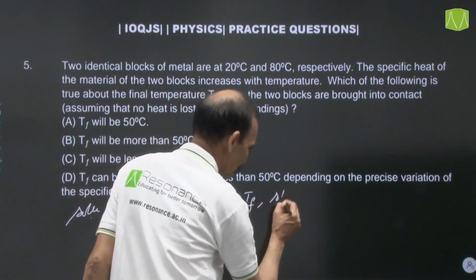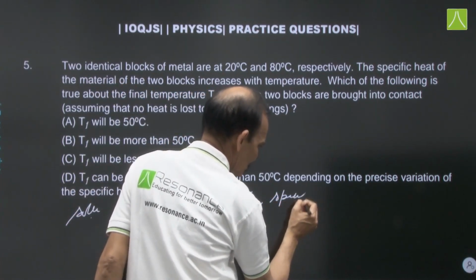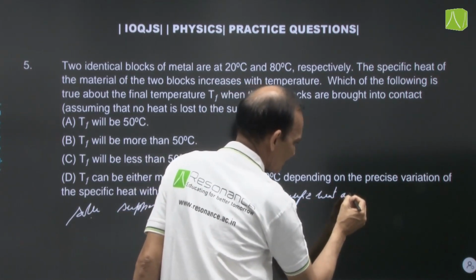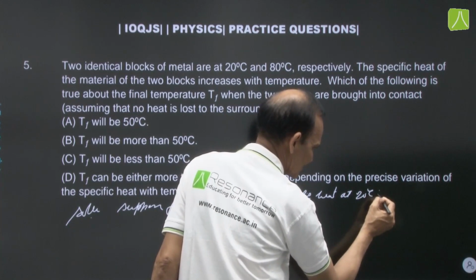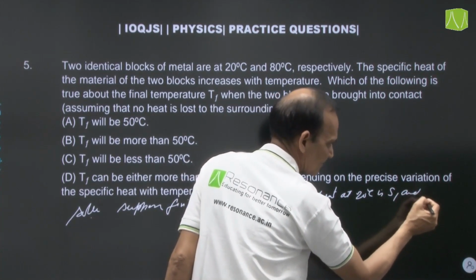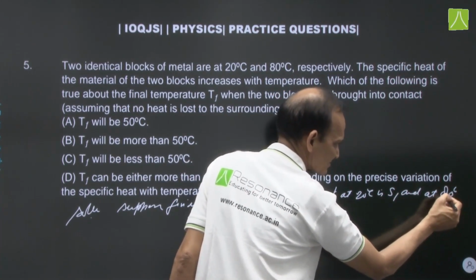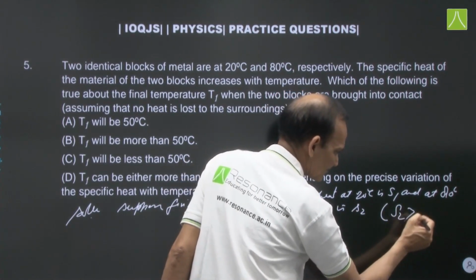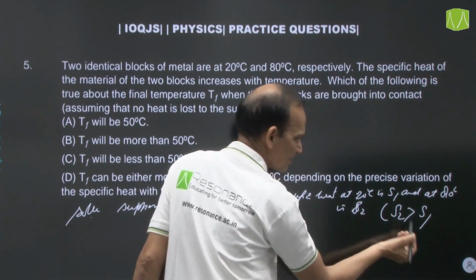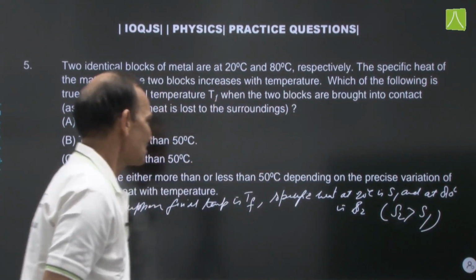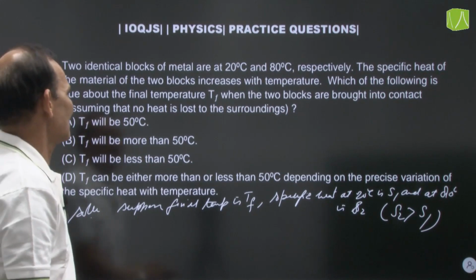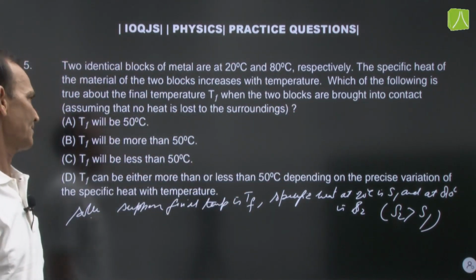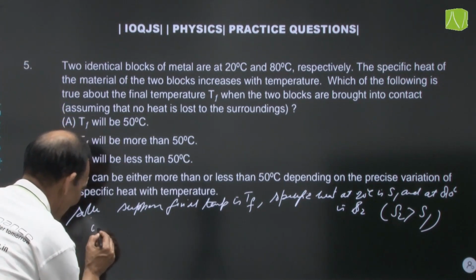Specific heat at 20 degrees Celsius is S1 and at 80 degrees Celsius is S2, then definitely S2 is greater than S1, depending on temperature. Now when they are placed in contact, the heat from the second body will transfer to the first body.